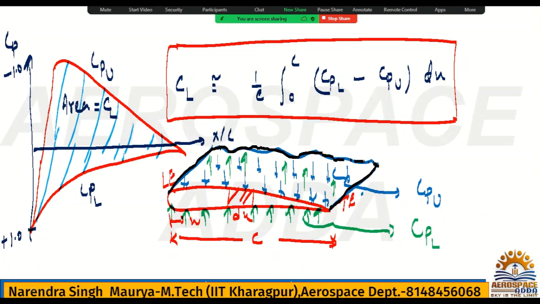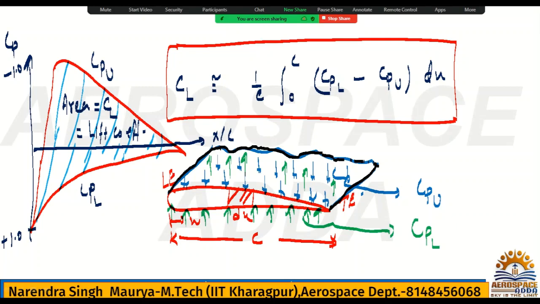The magnitude of this area is the lift coefficient, not the lift force. And once you get the lift coefficient, obviously the lift force will be very easy to calculate. So here you got how to get the lift coefficient from the pressure coefficient.